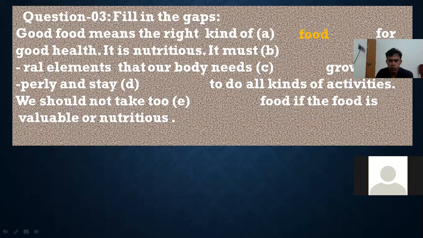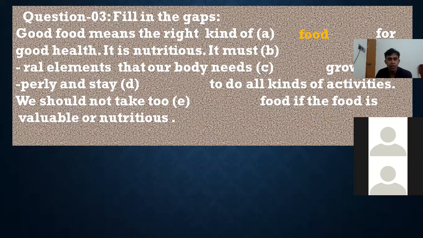Esha Moni, roll number 1. Unmute your device. Esha Siddiq. Hello? Second one. It is nutritious. It must natural elements that our body needs. What will be the answer of B? What will be the answer of B?